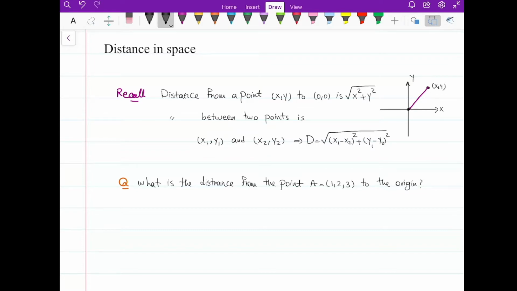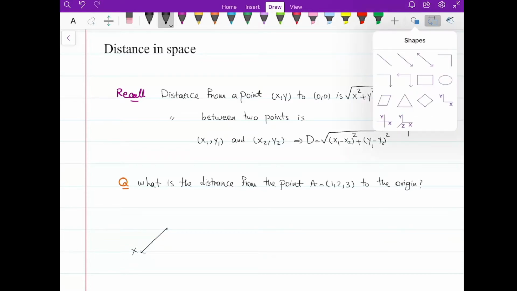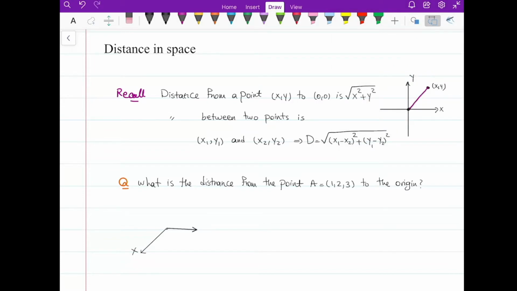I'm gonna graph it first. So this is x-axis, I have y-axis, and I have z-axis. Assume the point is right there, the point (1, 2, 3).